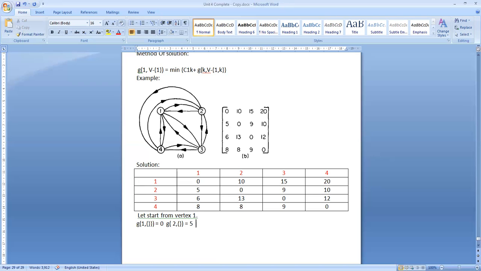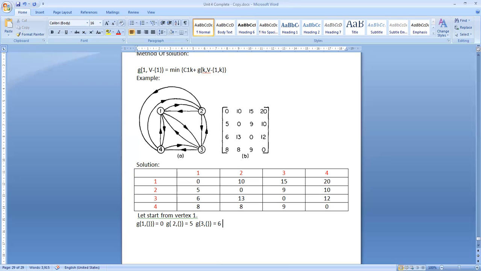Similarly, g of 3 comma phi: visit none of the vertices and come back to the original vertex. What is this? 3, come back to vertex 1. So 3, 1. It is 6.